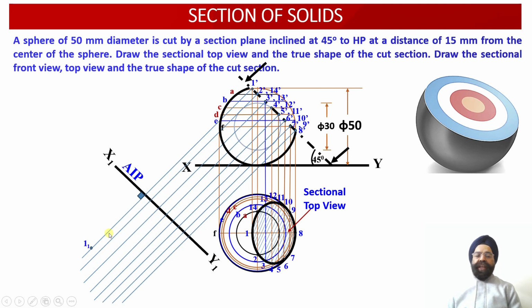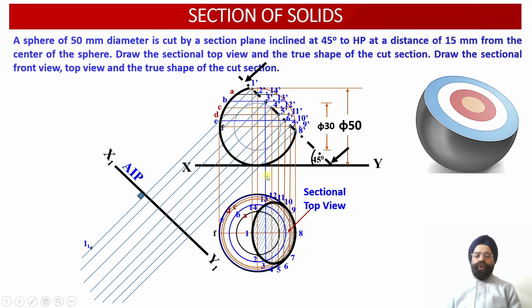So now the first point available over here is point 1. So please check. From point 1, if we measure the distance of point 1 up to the XY reference line, then from the projection point 1 dash onto this projector, if we mark the same distance, the point 1 1 will be obtained into the auxiliary plan projection over here. Similarly, the next 2 points available with us are 2 and 14.